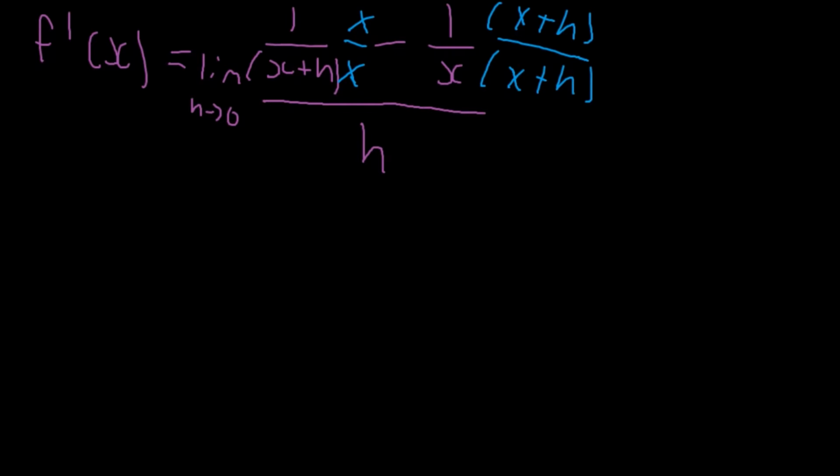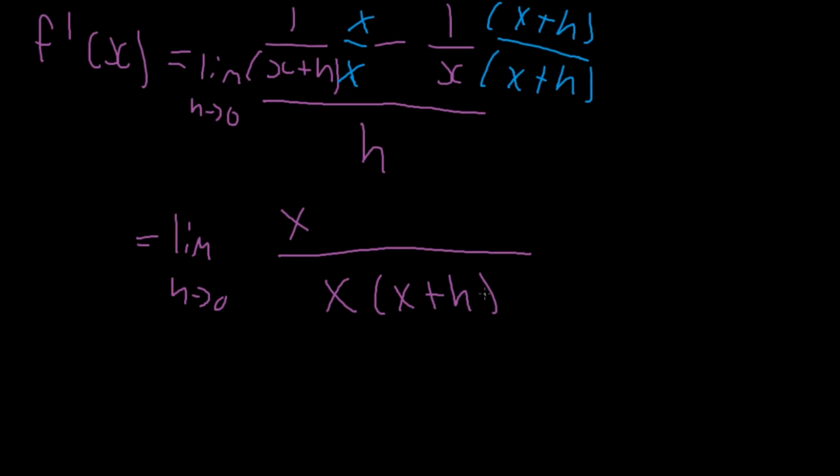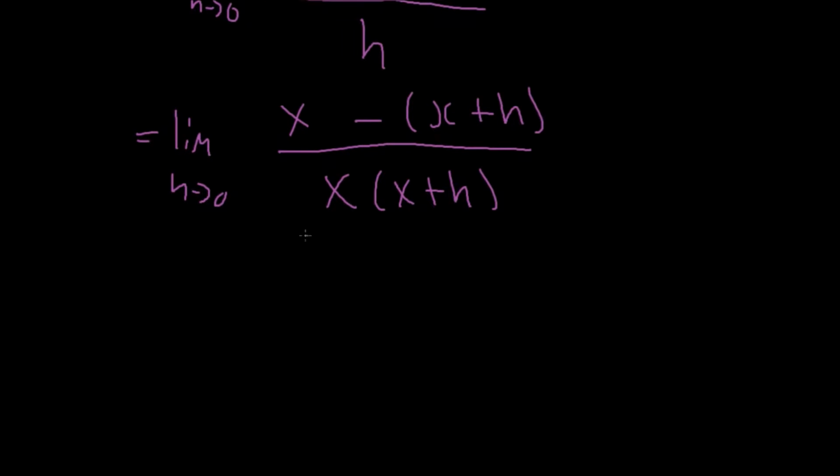So when we accomplish that, write it out: limit as h approaches 0 of 1 times x is just x up top there. Now they're going to have a like denominator, which is x times x plus h. And then the 1 times x plus h is just x plus h. All of this is, of course, divided by h.